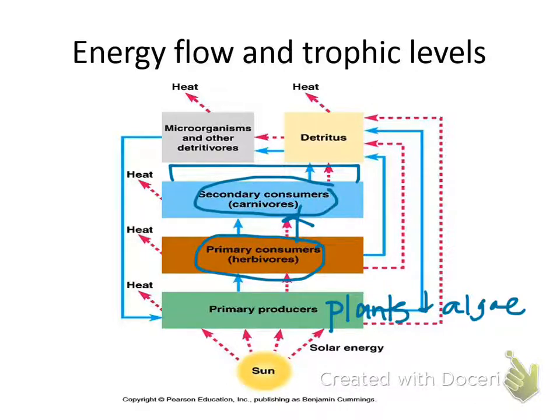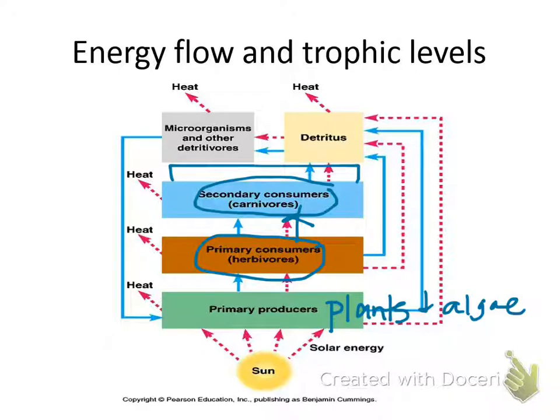But sometimes there's not. Wonder why? Why would there not be more levels of energy? Well, if you're thinking because we ran out of energy, you're right. There's only so many levels because at each level, look at this pink, energy is being lost as heat. So skip down to number 2, you're only getting 10% of the energy you're consuming.